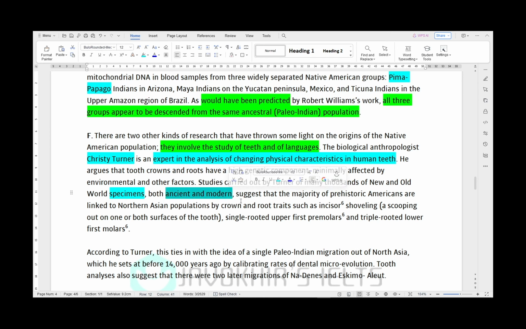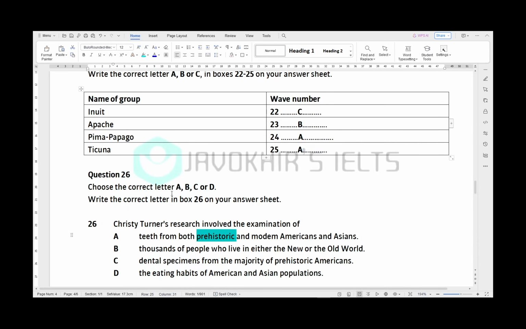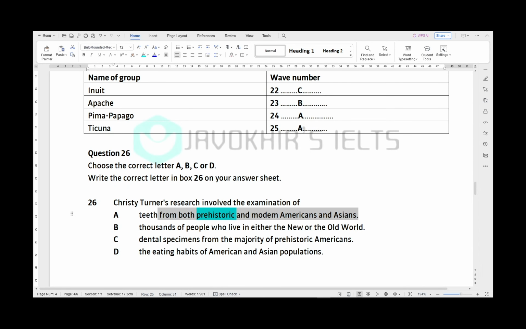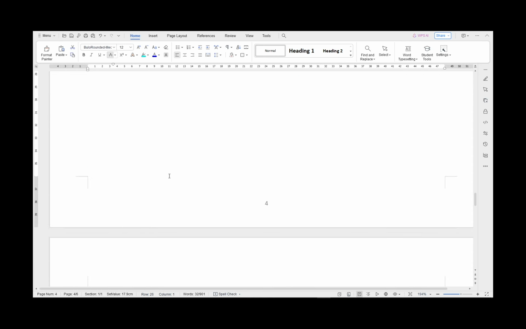Once again, ancient is Europe, Asia, Africa, whereas modern is America. We have prehistoric, which means ancient. So option A would be the suitable answer here. And I'm going to eliminate these ones. Eliminate that.